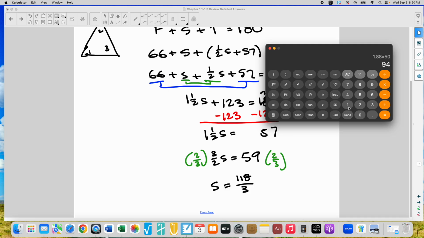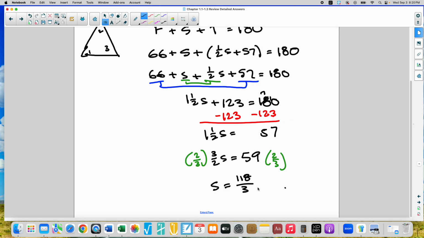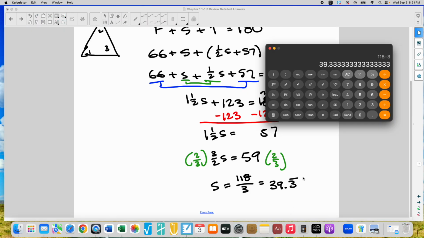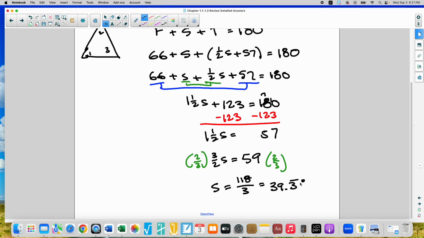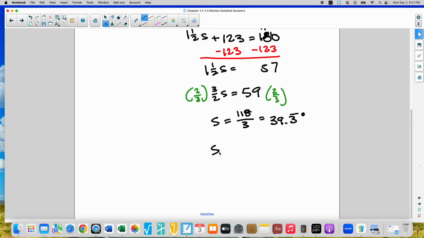And for efficiency purposes, that's 39.3. Yeah, they think it's 38. So I'm going to assume that they... 39.3 repeating, yes, degrees. So the second angle equals 39.3 degrees.